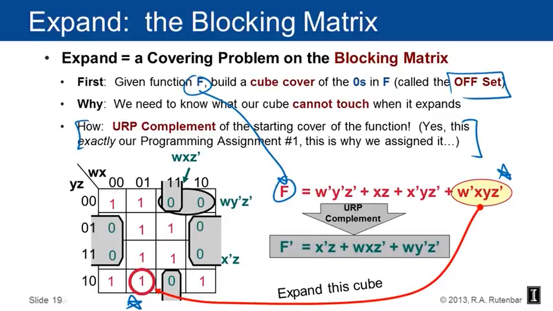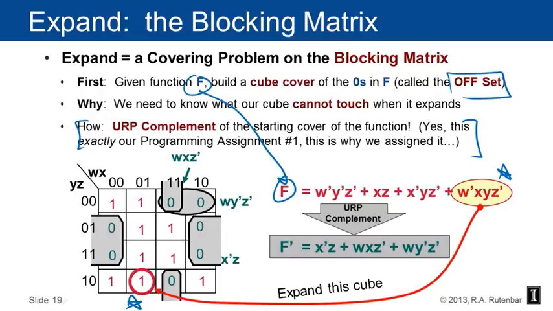So URP complement is going to give me the gray cubes, and I've got them highlighted here so we can see that they seem bad and ominous. Clearly we don't want to step on these. They seem very unpleasant. So f prime, the complement, is x bar z plus w x z bar plus w y bar z bar.